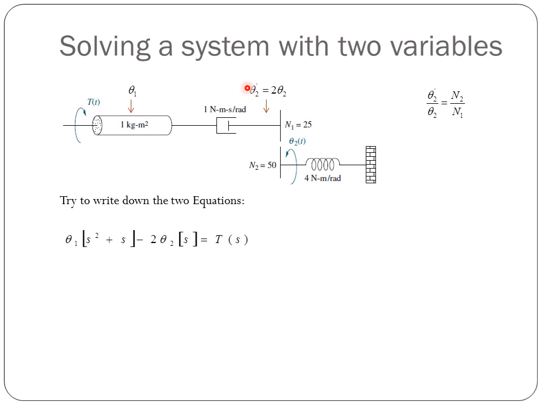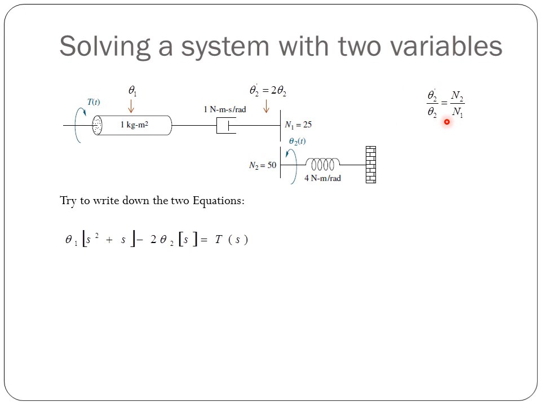But instead of writing theta 2 dash, we will write it in terms of theta 2, because in our question we have to find the transfer function theta 2 by T. For that we need to convert theta 2 dash in terms of theta 2, using our basic formula, theta 2 dash by theta 2 is equal to n2 by n1.